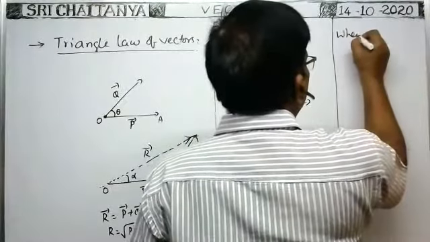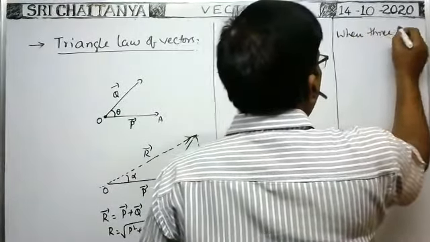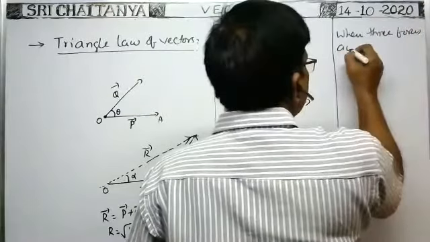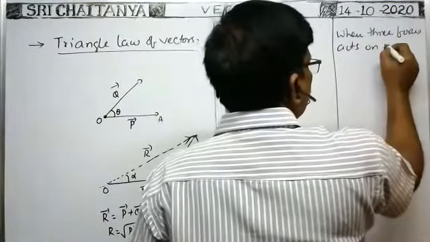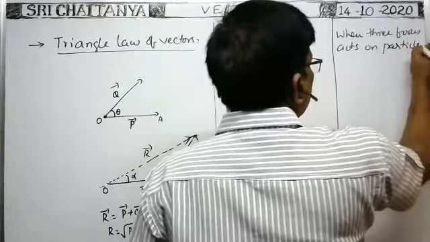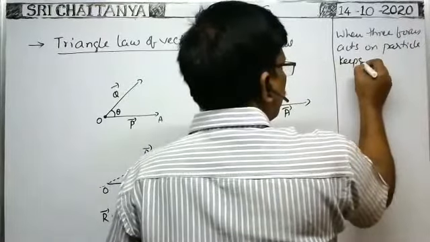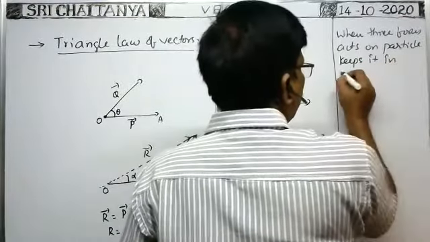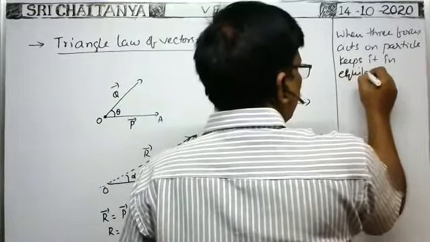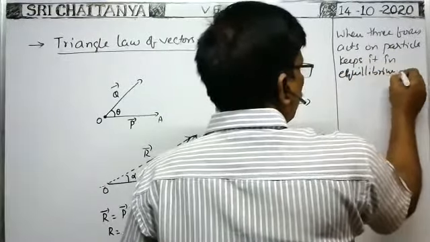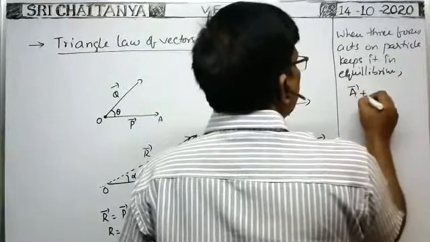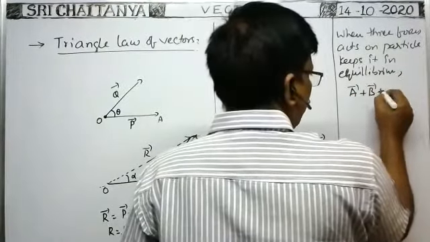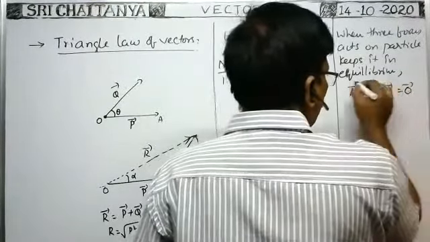When three forces act on a particle and keep it in equilibrium, then the vector sum of the three forces, or the vector sum of three vectors acting on a particle, is equal to 0 vector.